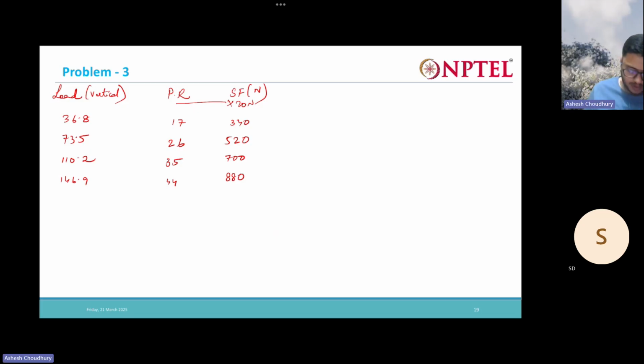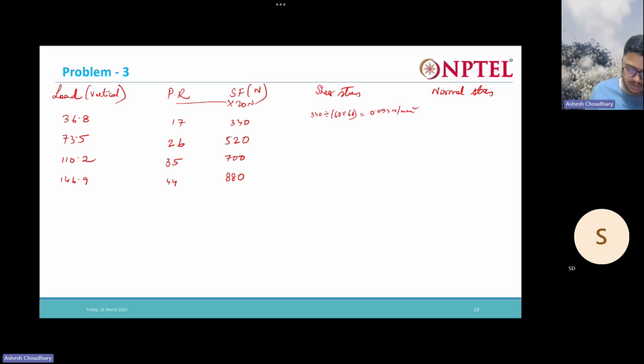Okay, so shear stress and normal stress. So for the first one, it will be how much? Shear force 340 by 60 into 60, so 340 divided by 60 into 60 equal to 0.094 Newton per mm square.